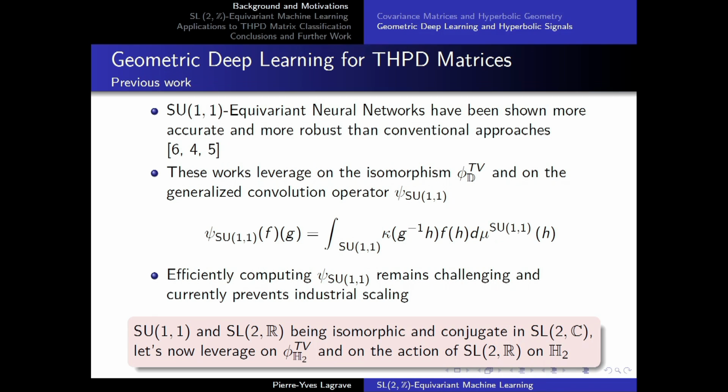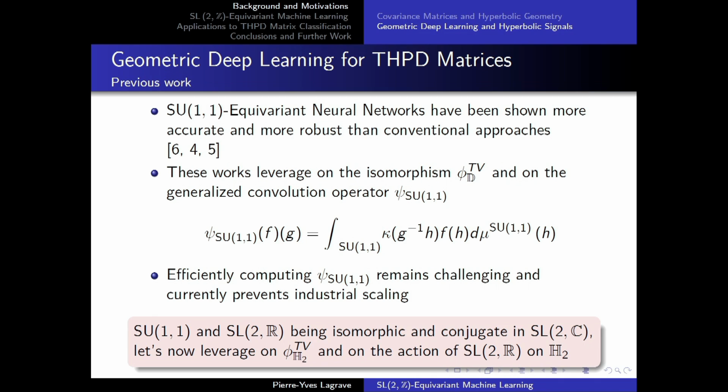In terms of application of geometric deep learning for the processing of THPT matrices, the specific covariance matrices that we are interested in, at GSI 21 we presented an SU11 equivariant neural network to process this type of matrices, and we showed that this was more robust and more accurate than the conventional approaches.